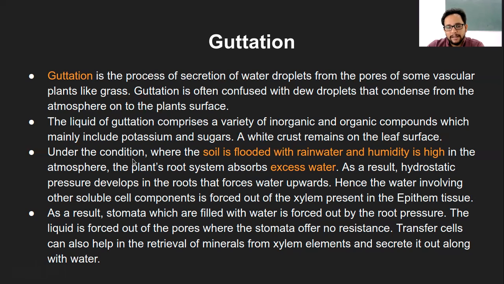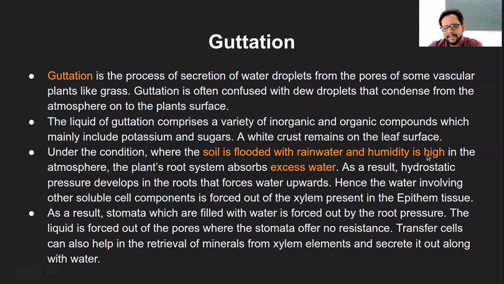Now, why does guttation happen? There is a very specific reason as well. It happens under the condition where the soil is flooded. Let's say the water content is high due to rains or various other reasons, so the soil is flooded with rainwater, and the humidity in the atmosphere is also high.